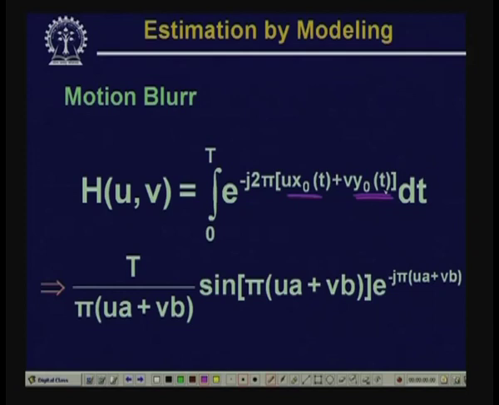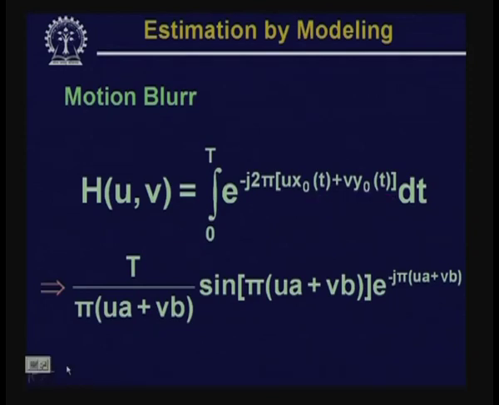If I assume that x0(t) = at/T and y0(t) = bt/T, then this integral can be computed, and we get the final degradation function, or degradation model, as given in the lower equation.